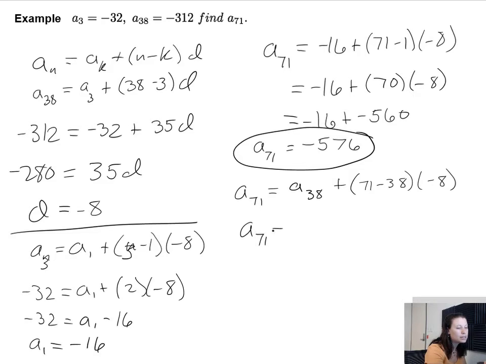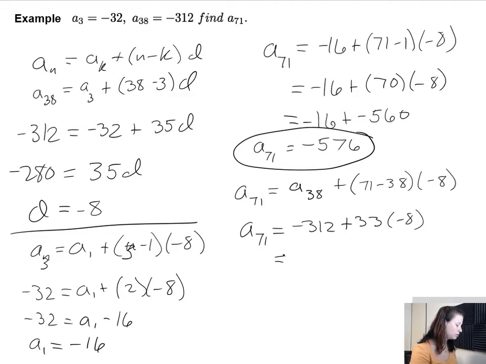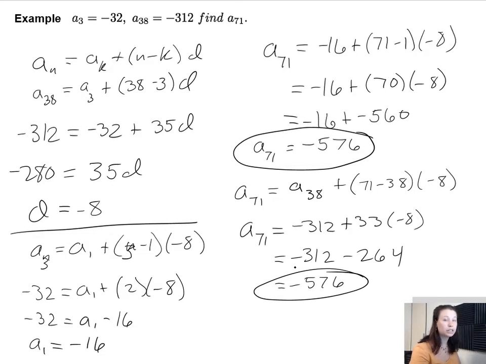So then A71 is equal to, let's see, 38 is negative 312 plus, now 71 minus 38 is 33 times negative 8. So that's negative 312 minus 264 is equal to negative 576. We got the same number, okay?